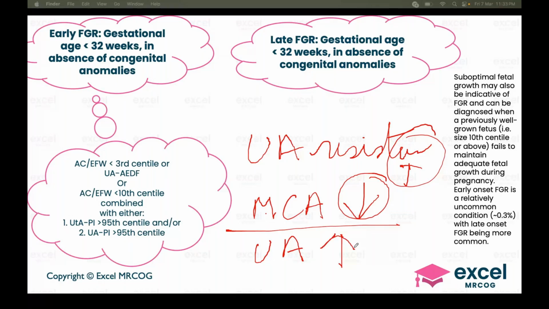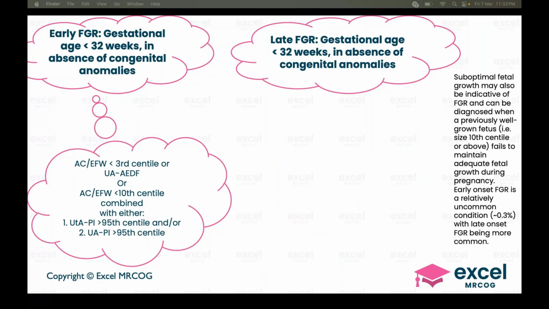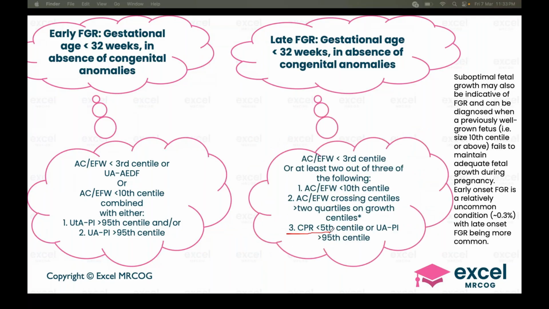When it reduces to less than the fifth centile, it's abnormal. Okay, so this is what it means when we say that CPR, or cerebroplacental ratio, is less than the fifth centile, or umbilical artery PI more than 95th centile, or AC crossing two quartiles, all right? And we know what this is, AC less than 10th centile.